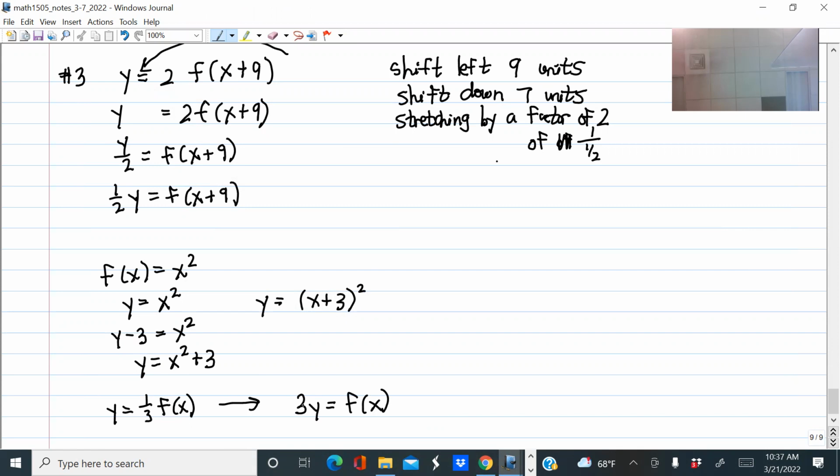That means we're stretching or shrinking. And we're going to be shrinking in this case, by a factor of 1 over this constant, which is 3. So in other words, we're shrinking by a factor of 1/3, just what we said.